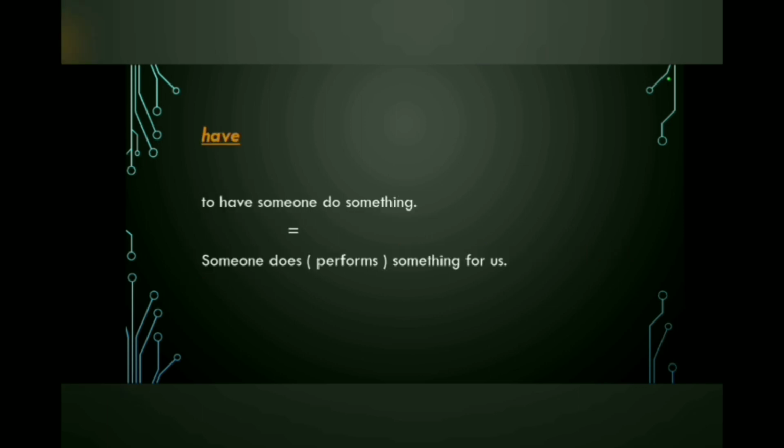Let's take a deeper look. Now there are 2 ways that we can use have as a causative verb. The first way is to say that someone does something for us. We generally use this construction when somebody performs a service for us or on us.